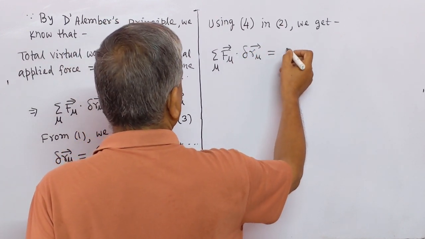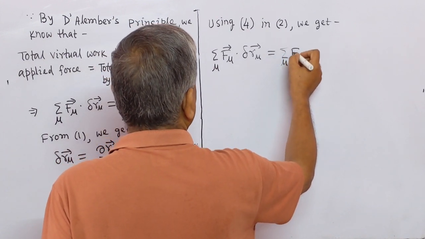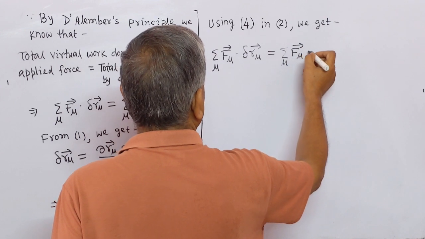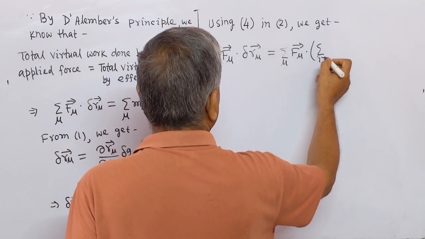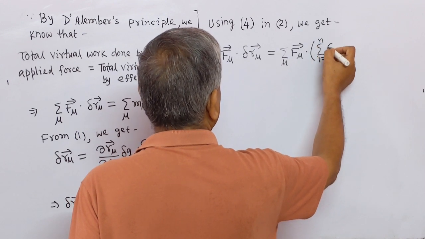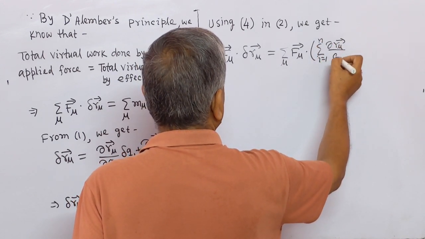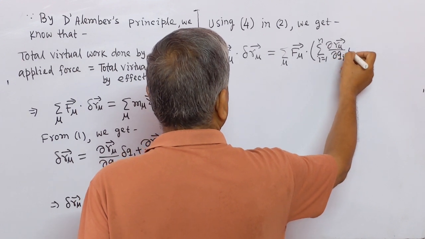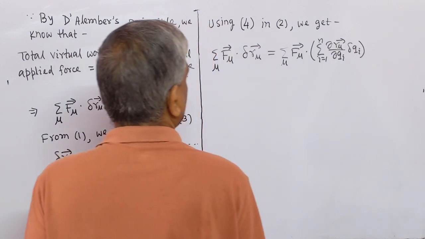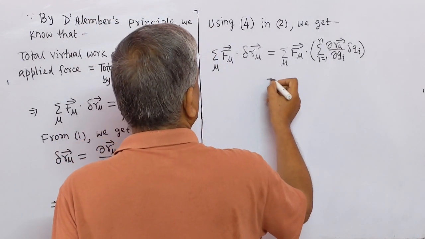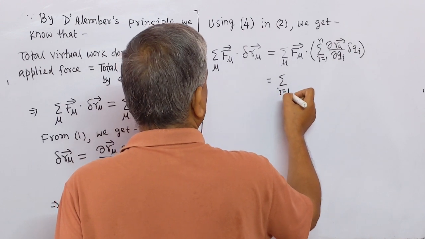This will be equal to sigma mu F mu vector dot sigma i equal to 1 to n of the partial derivative of R mu with respect to qi times delta qi, and this will be equal to sigma i equal to 1 to n.